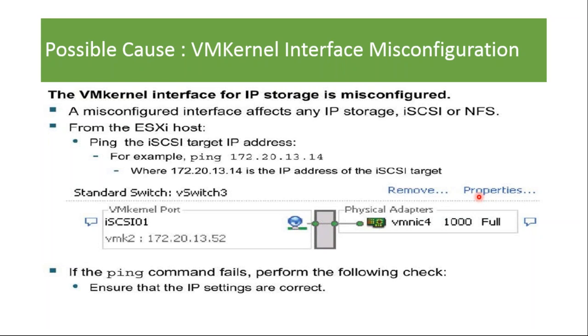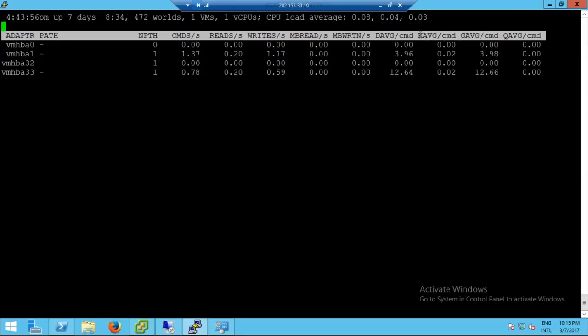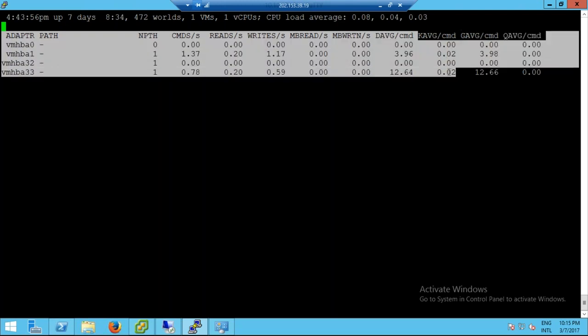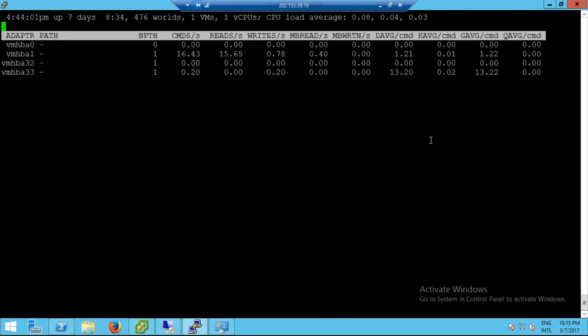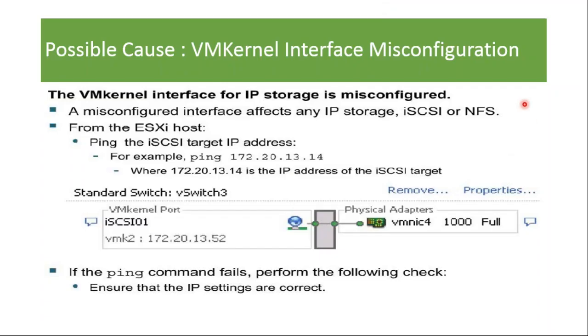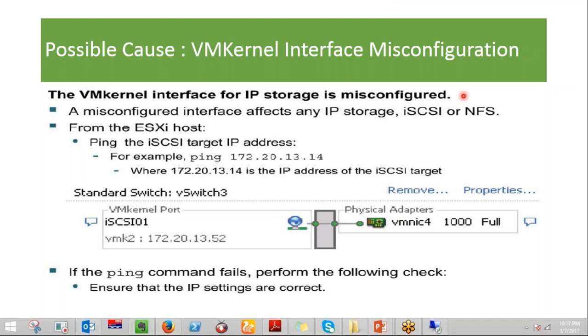That VMkernel port performance you can validate from your ESXi host using esxtop. Once you execute esxtop, you have to press D. Then you can see the performance of your kernel average performance.